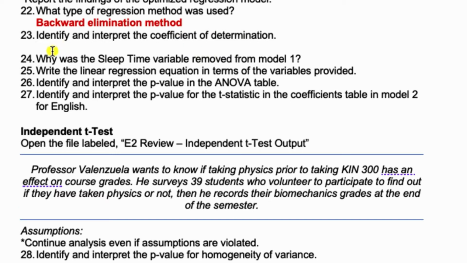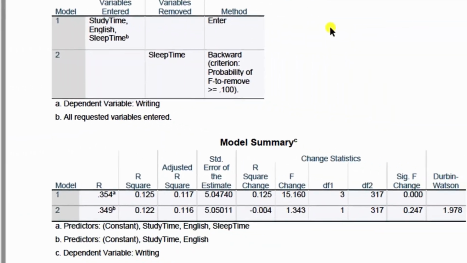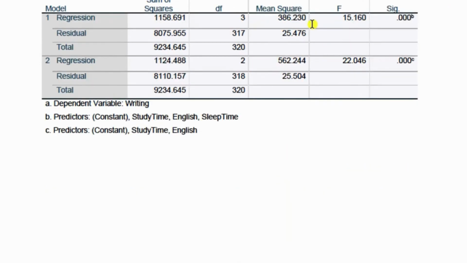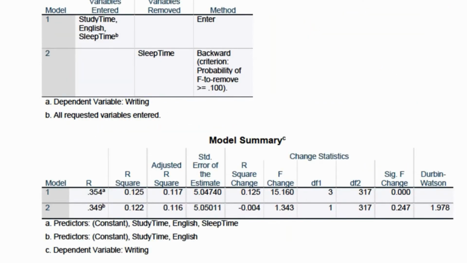I then have asked you to identify and interpret the coefficient of determination. So again, this is r squared. So we'll go to our model summary table where we see our r squared column here. And again, in our class, we always focus on the last model given in the table.